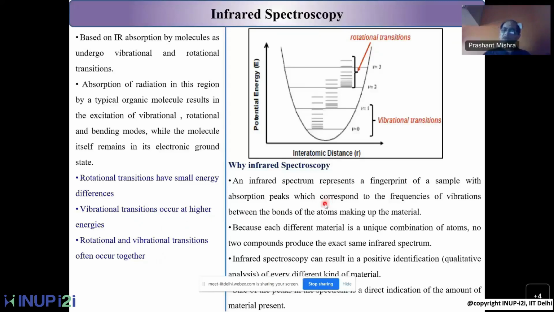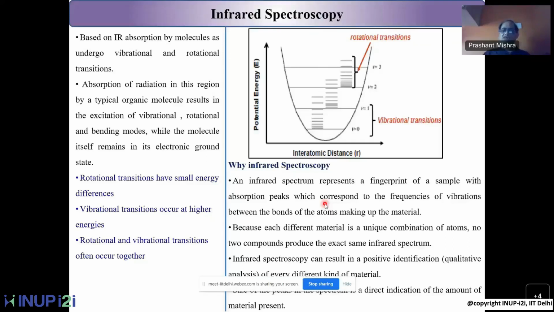So why should we go for infrared spectroscopy? It is because the infrared spectrum represents a fingerprint of the sample. You have seen that each molecule will have a different one. I'll show you that even if you have the same number of carbons and the same number of hydrogens, and the molecule differs in terms of its double bond, or triple bond, or single bond, you will find the difference in their fingerprint.